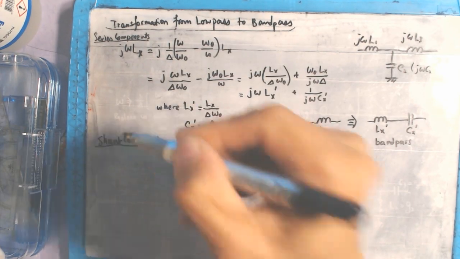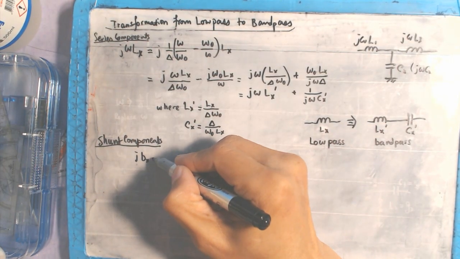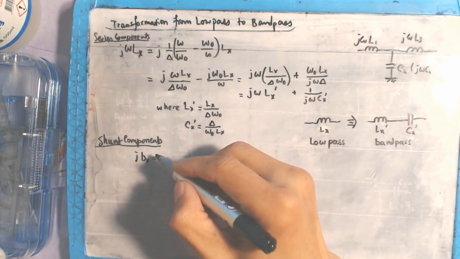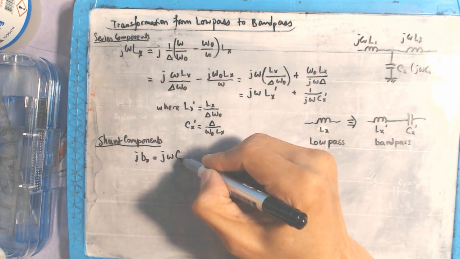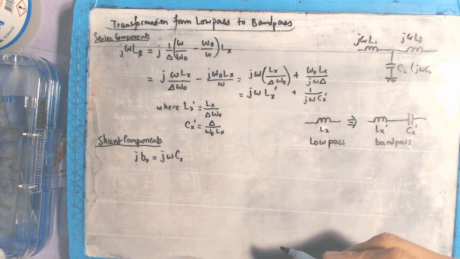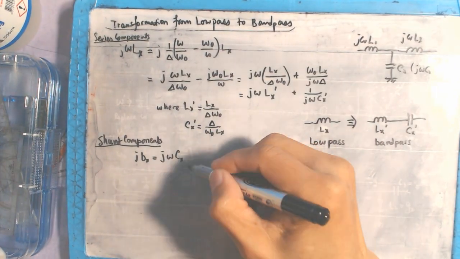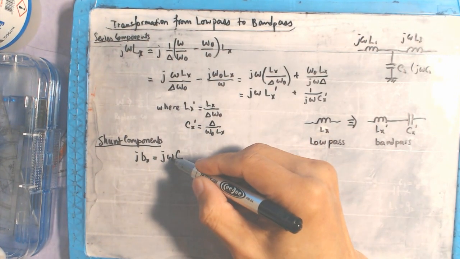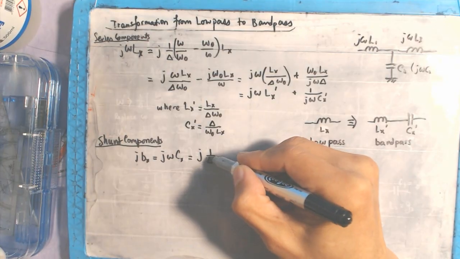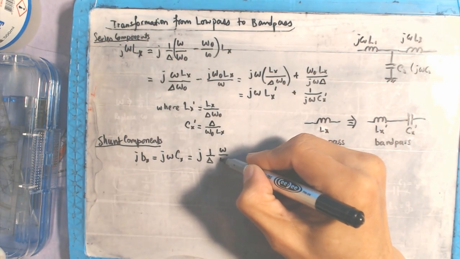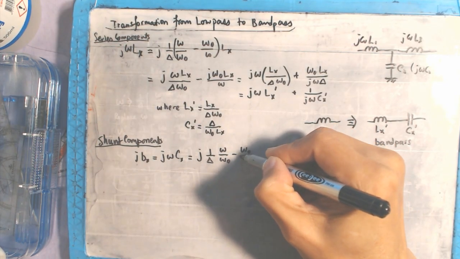And JBx is equal to J omega Cx. And according to what we have learned just now, we can scale this frequency down until it becomes omega naught, and then Cx.